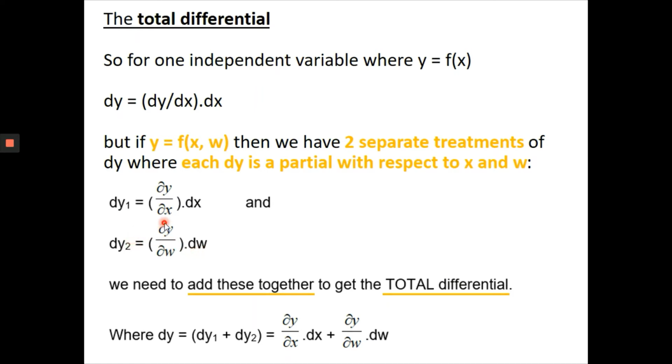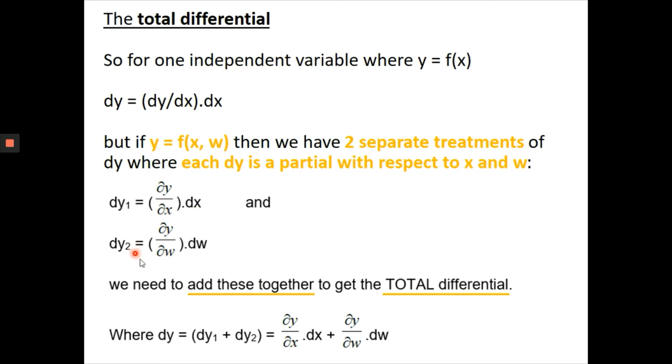And to do that, we need to calculate the partial derivative of this function with respect to x. We would include that here, times dx, which remember is an infinitesimal change in x, a very, very small change in x.